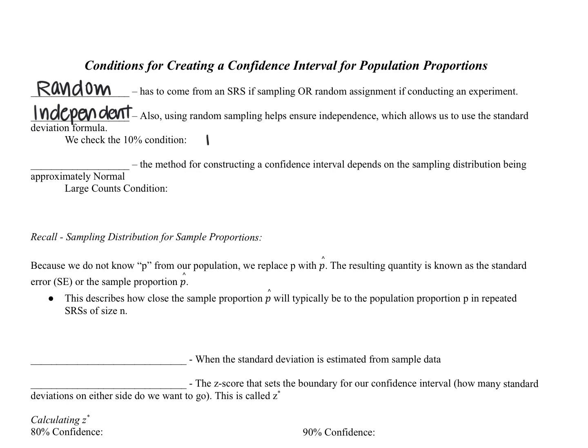And your 10% condition: n less than or equal to 0.1 of your population. Now remember, if you're doing an experiment, independence is assumed because each trial is independent of any previous outcomes. So you don't need to check the 10% condition for an experiment because that's the only time we can assume independence. If it states in the problem you can assume they're independent, also you don't have to check the 10% condition. And then lastly, normal.